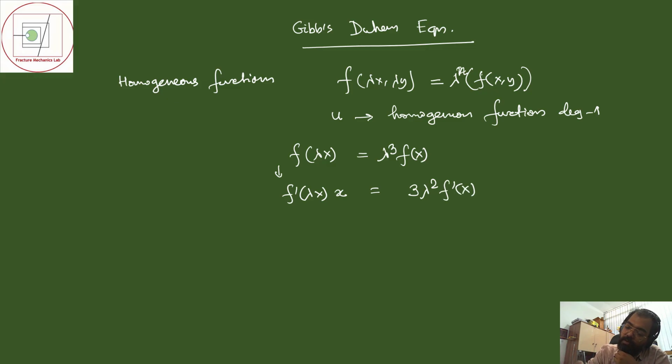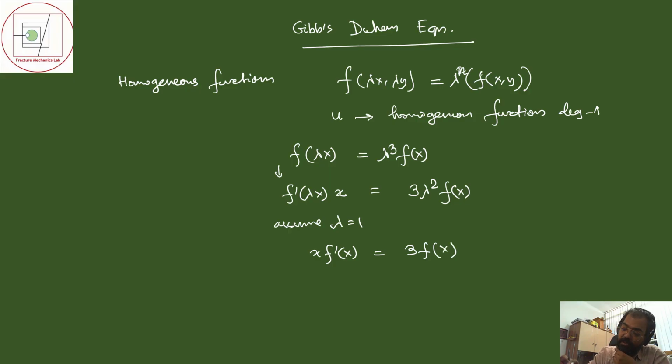Now if you assume that lambda is equal to 1, then it becomes x f dash of x equal to 3 f of x. Here, because f of x is not a function of lambda, it is just f of x. So I made it wrong earlier; it will be x f dash of x, because I'm putting lambda equal to 1, equal to 3 f of x.